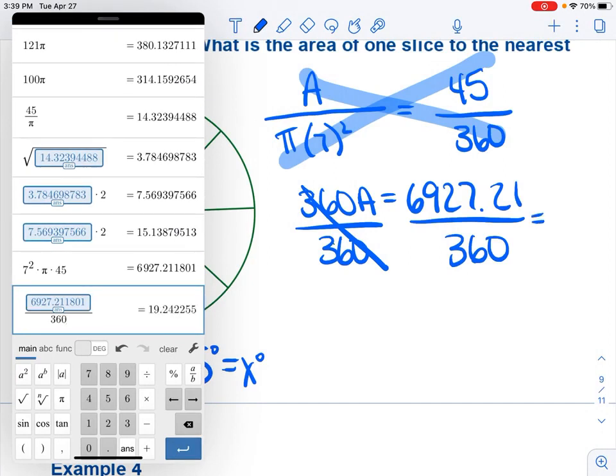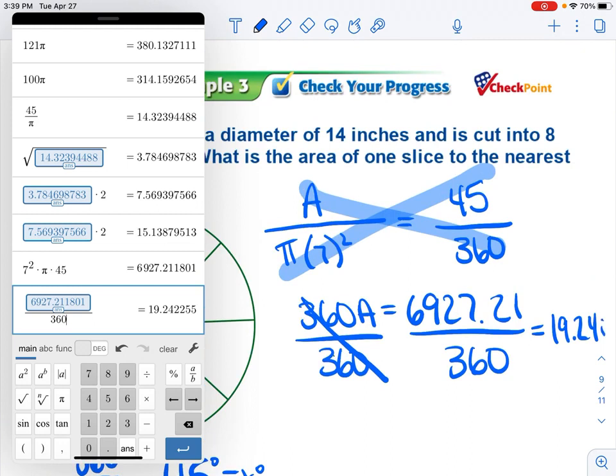And we get 19.24 square inches as our solution.